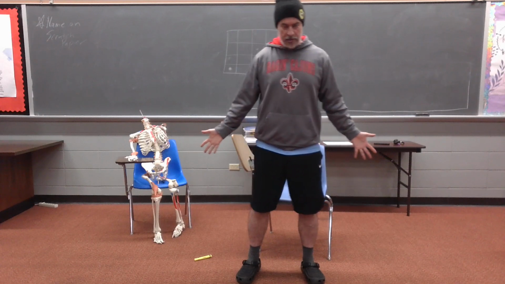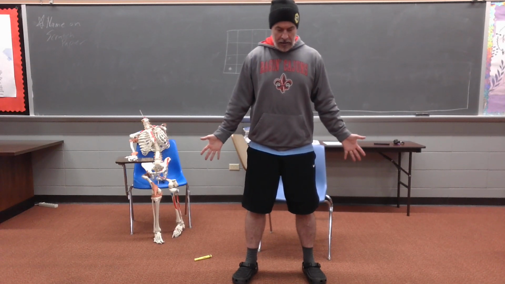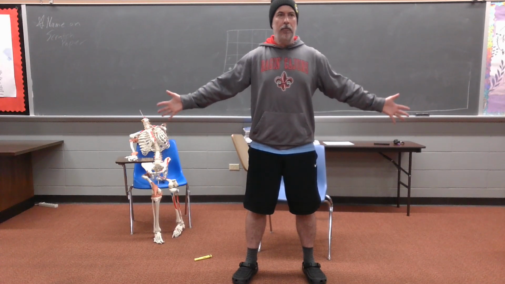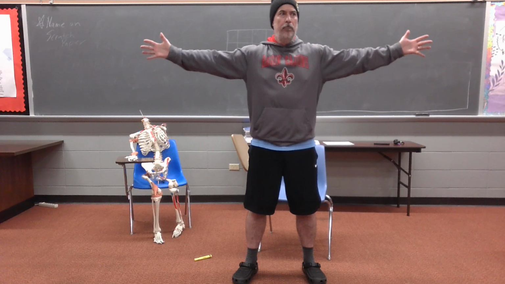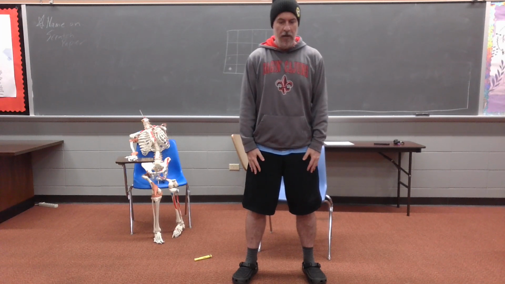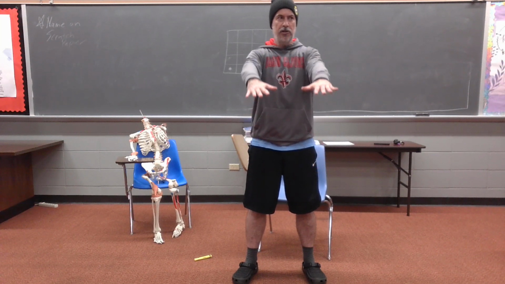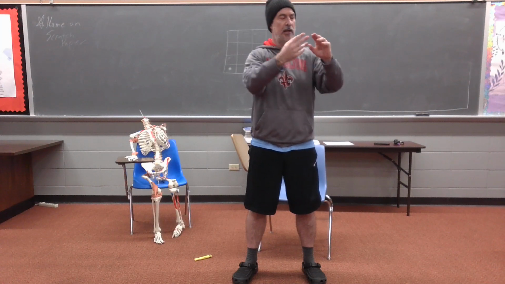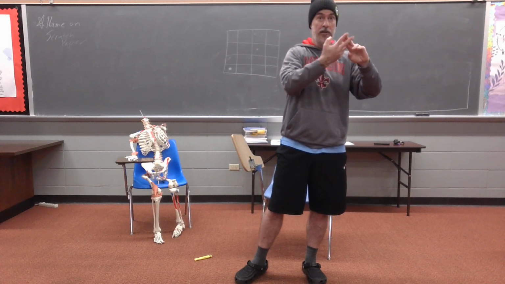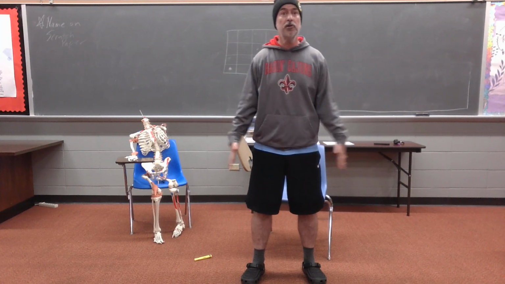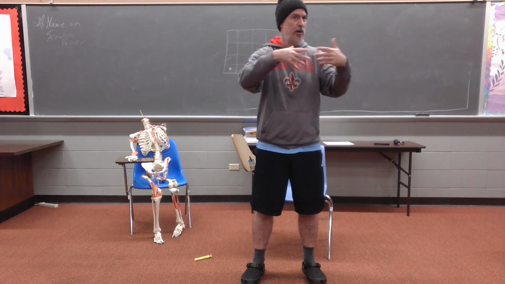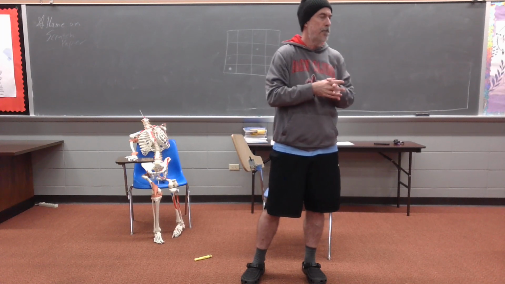So what I want you to imagine is flexion, this general motion that has a combination of rotation and translation. My arms are going up in both, just in different planes, right?